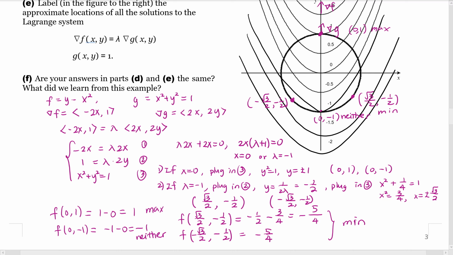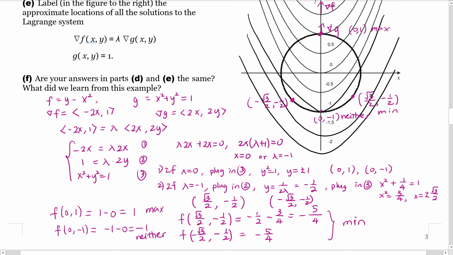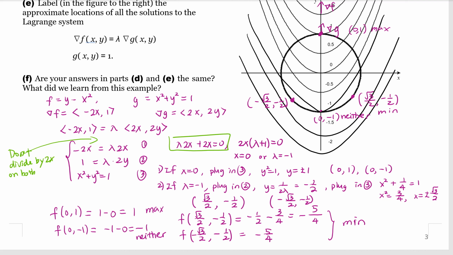So I just want to point out one more thing here. Be careful. Don't divide by 2x on both sides. You might lose the solution x equal to 0.